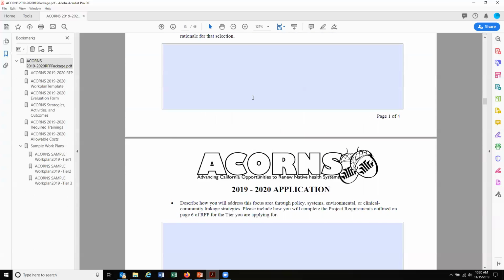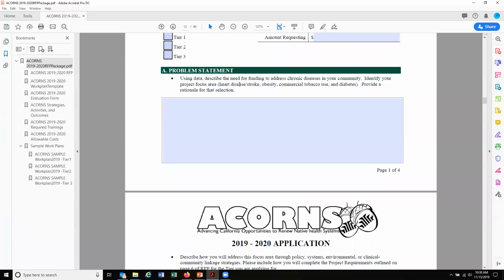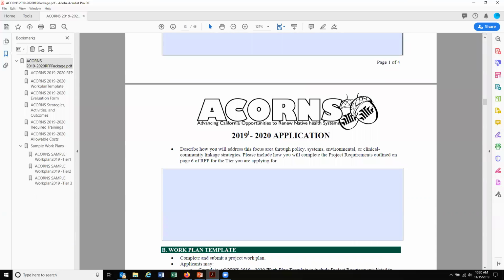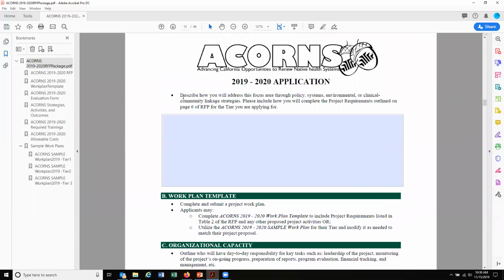So you will use whatever focus area you decided on, which is heart disease, stroke, obesity, commercial tobacco use, or diabetes, and then describe how you will use PSE or CCL strategies to address that. Additionally, in the RFP on page 6, there are project requirements that are listed for each tier.